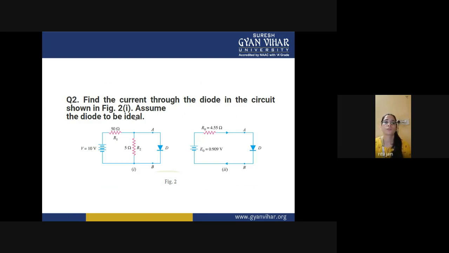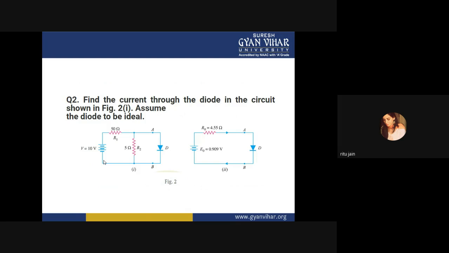So first you have to apply Thevenin theorem over here. If you want to find out the current through this diode, first you have to remove this branch, and you have to short the voltage source.